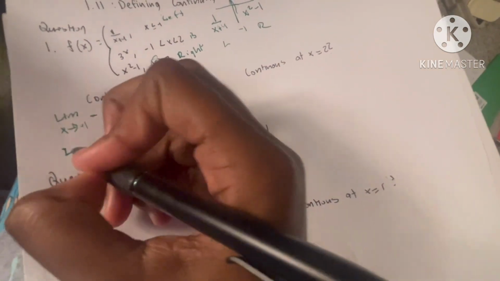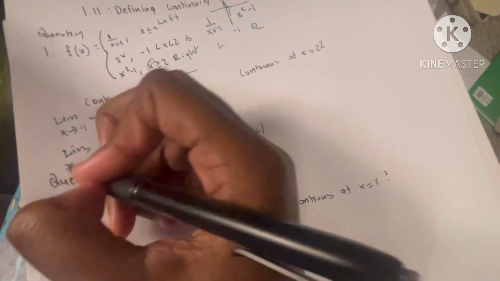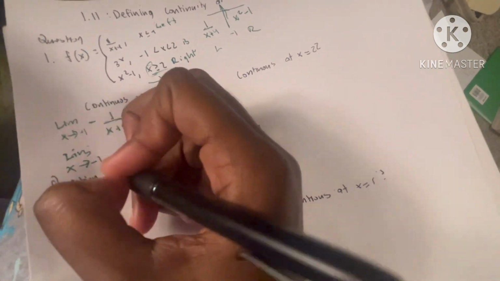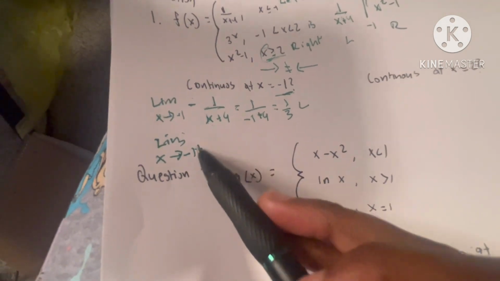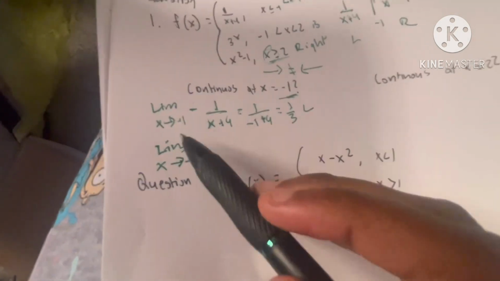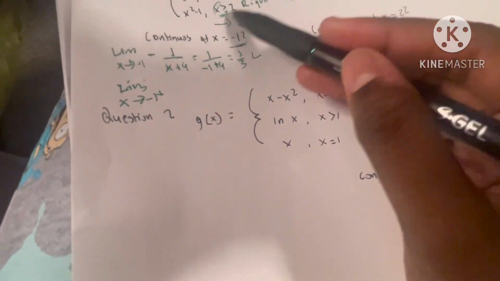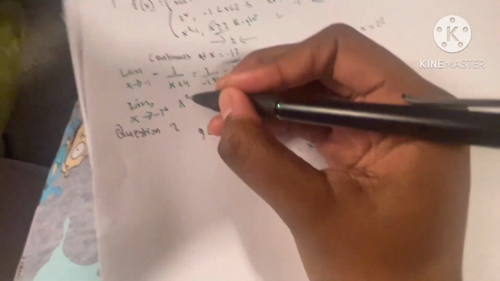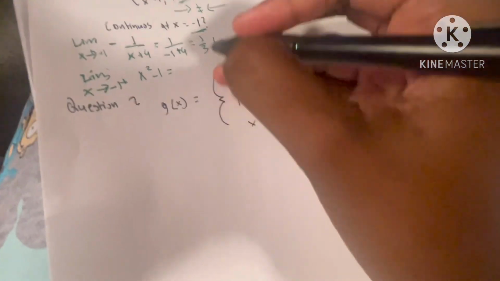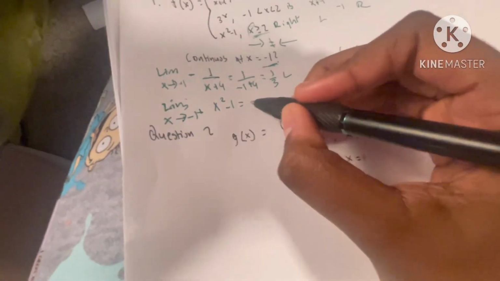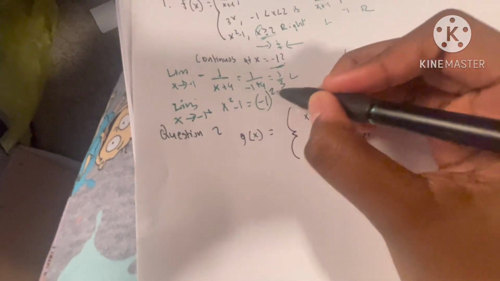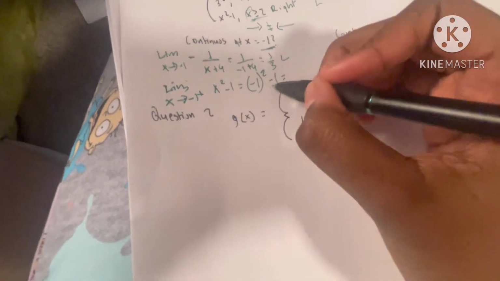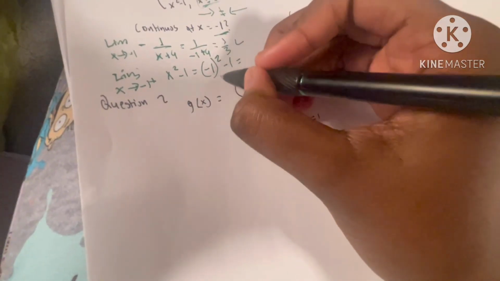As the limit approaches -1 from the right, you see I put the plus for right and minus exponent for the left. And then I'm going to use my right equation, x squared minus 1, and plug that in. Plug -1 for x. -1 squared minus 1 equals, that would be 1 minus 1.